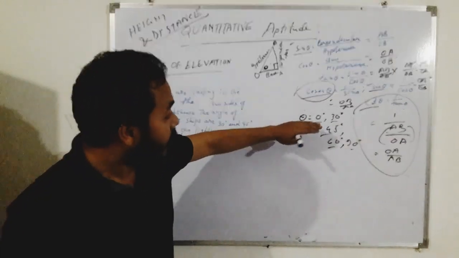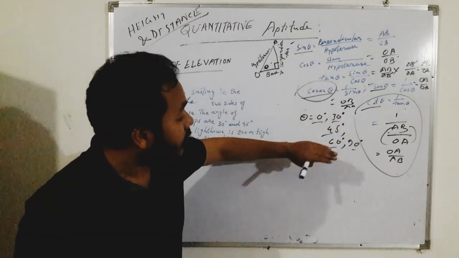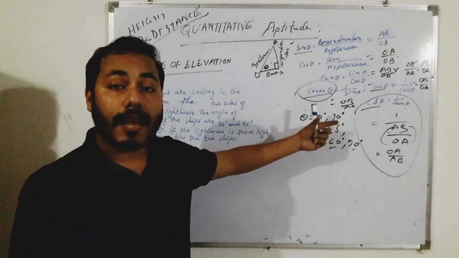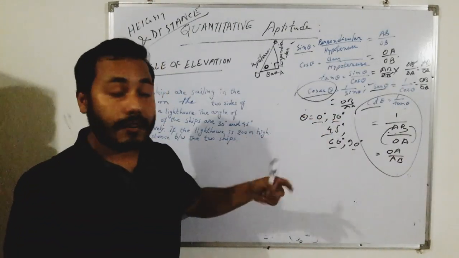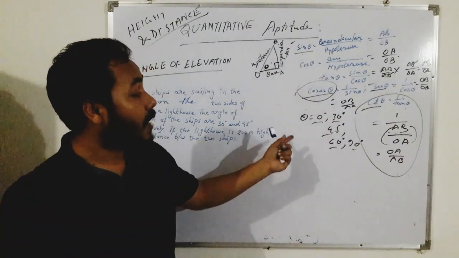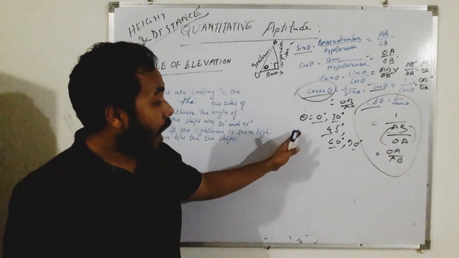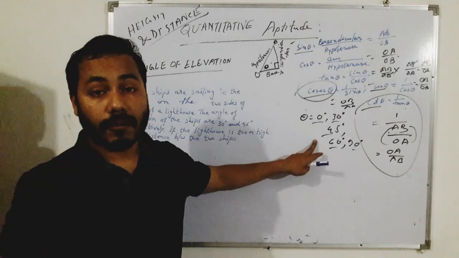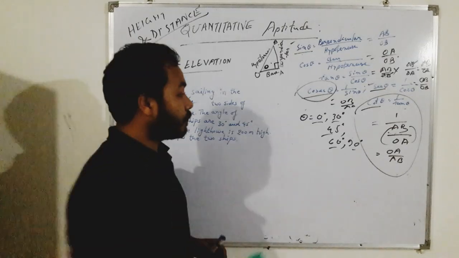Similarly, for cos 0 degree, cos 30 degree, cos 45 degree, cos 60 degree, cos 90 degree. If you can memorize these values for sine and cos, then you can easily find out the tan by dividing sine by cos, isn't it? Don't worry, I'll give the values with respect to these angles in the description box below. Clear? You just go through it.